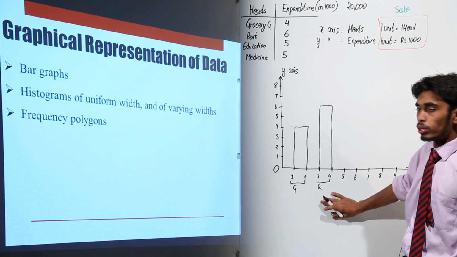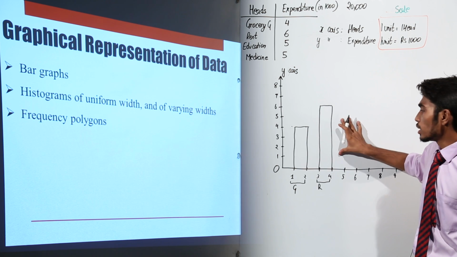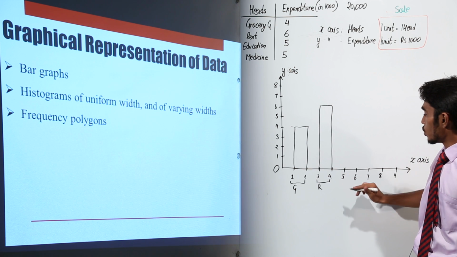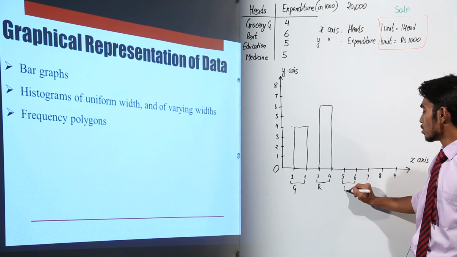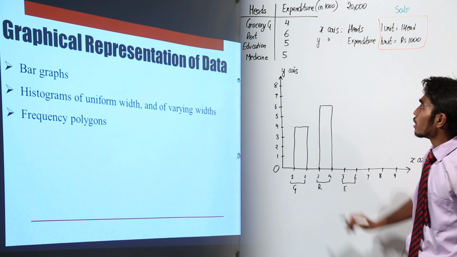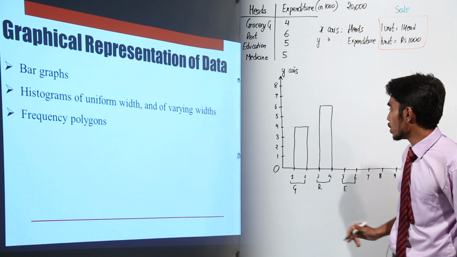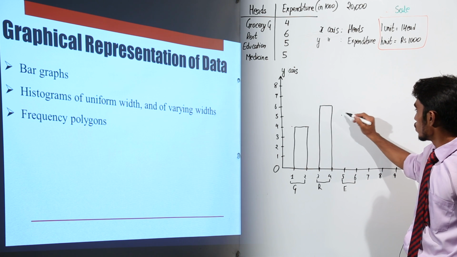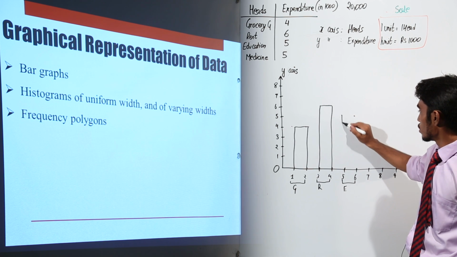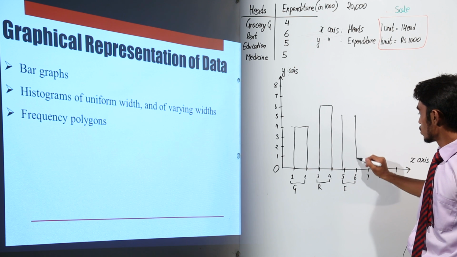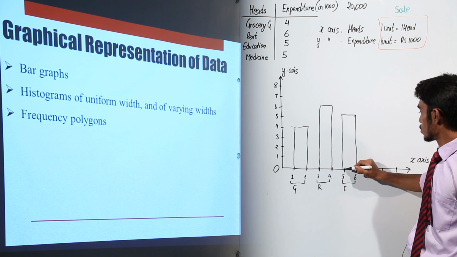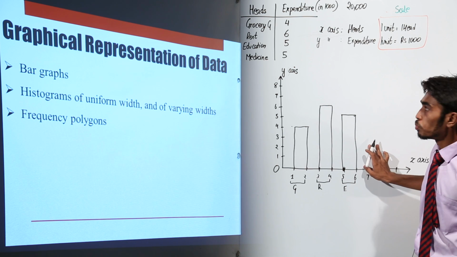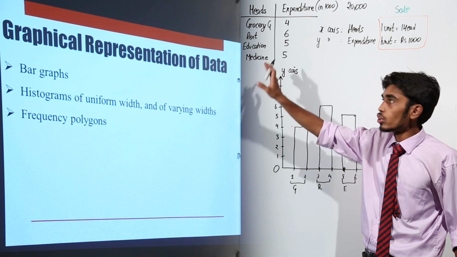So this corresponds to the expenditure on rent, right? Now the next one is education. For education I'll be using 5 to 6, right? And 5,000 is spent on education. So this is 5, right? This is the rectangle that corresponds to the expenditure on education.